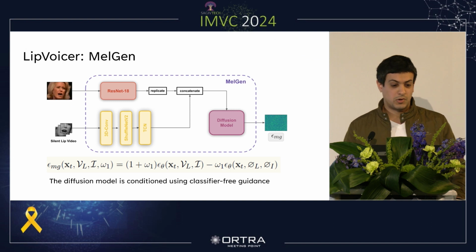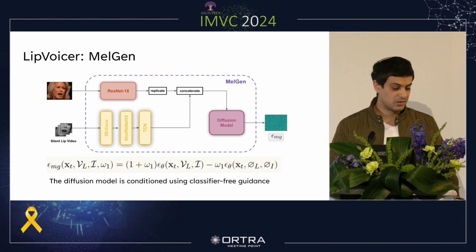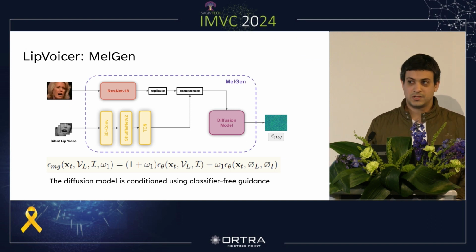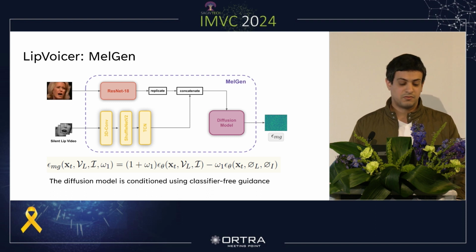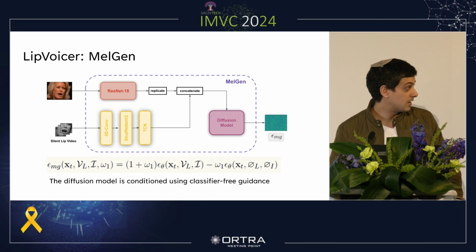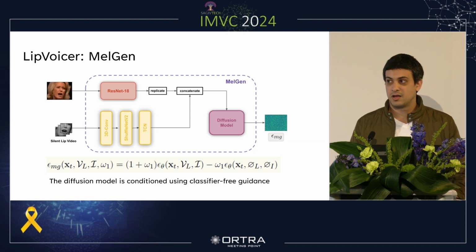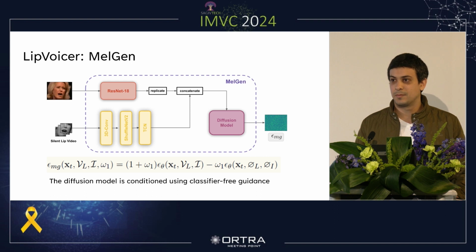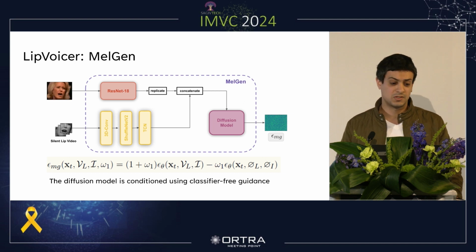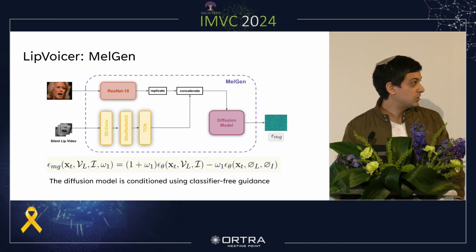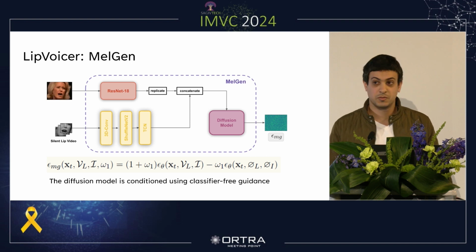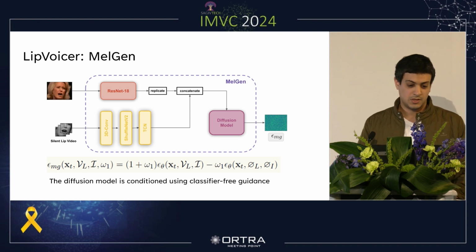Now let's elaborate on MelGen, the first component. It has two main objectives. The first one is to make sure that the voice in the generated speech matches the identity of the person. Since we know that what a person looks like has a connection with what he sounds like, we randomly pick a face image from the video and take it as an input.